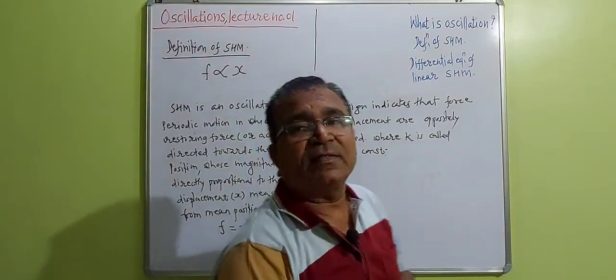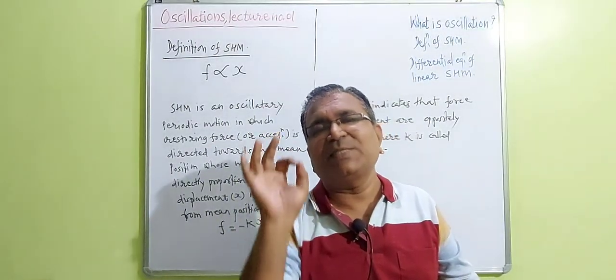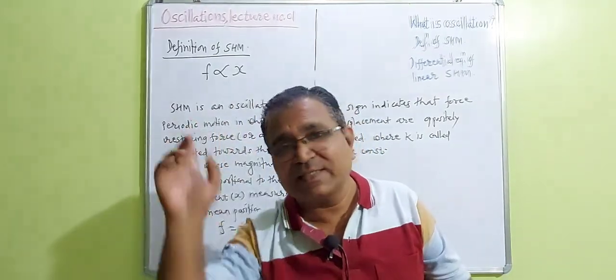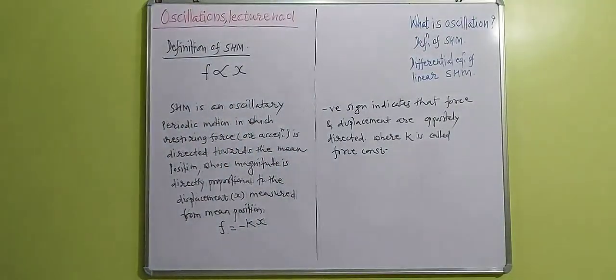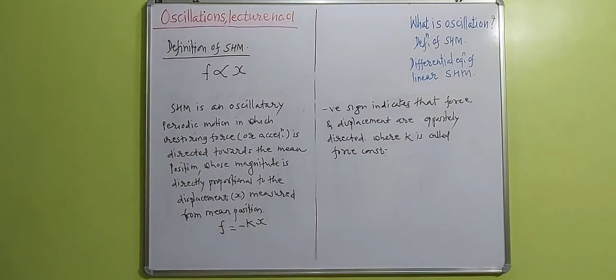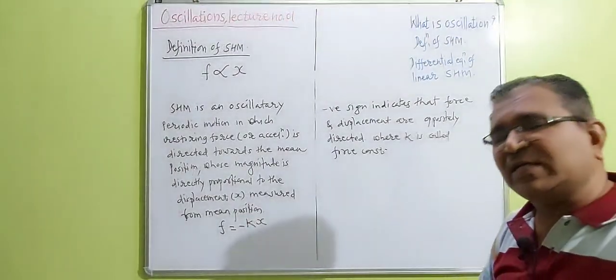This is the definition of simple harmonic motion. Take a screenshot. You should concentrate on the equation F is directly proportional to x, and the meaning of negative sign is most important in the definition of simple harmonic motion.